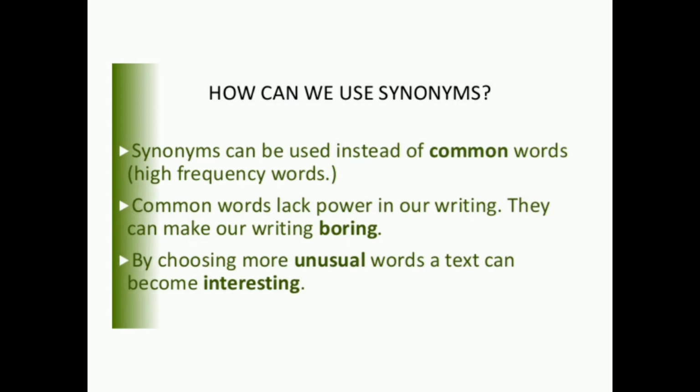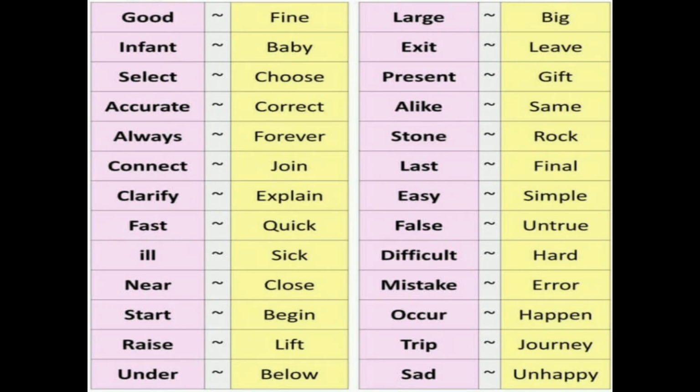Common words lack power in our writing, which can make it boring. By choosing more unusual words, a text can become interesting. Here are some examples: good, fine; infant, baby; select, choose; accurate, correct; always, forever, etc.